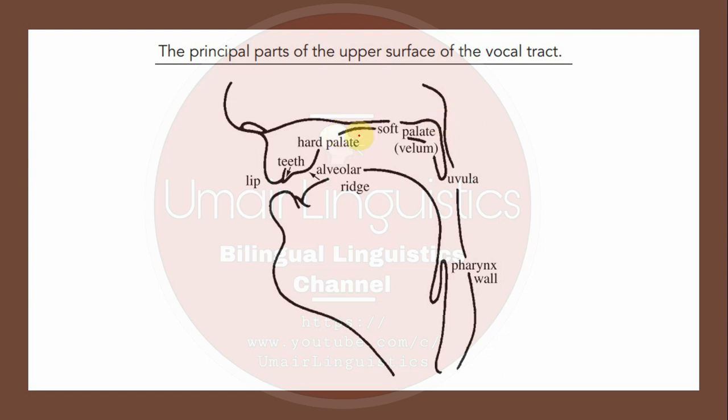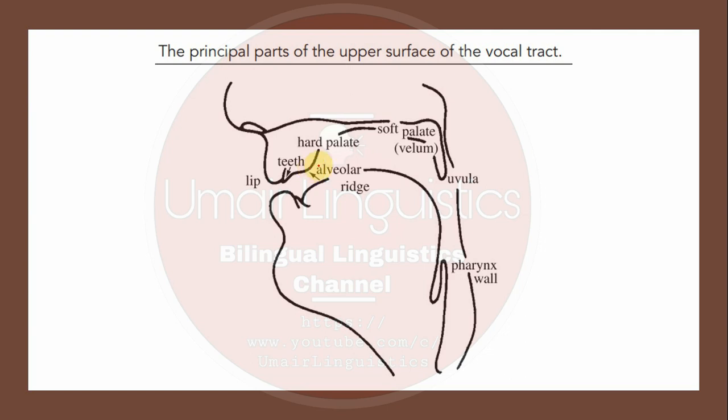Then here we have the hard palate, this part before, this is the teeth, and this is the alveolar ridge. You can say a mass of thick and a little bit rigid place just behind your upper teeth.